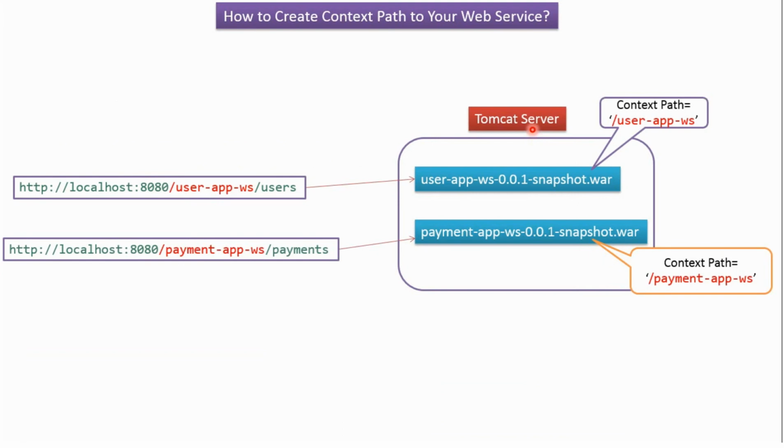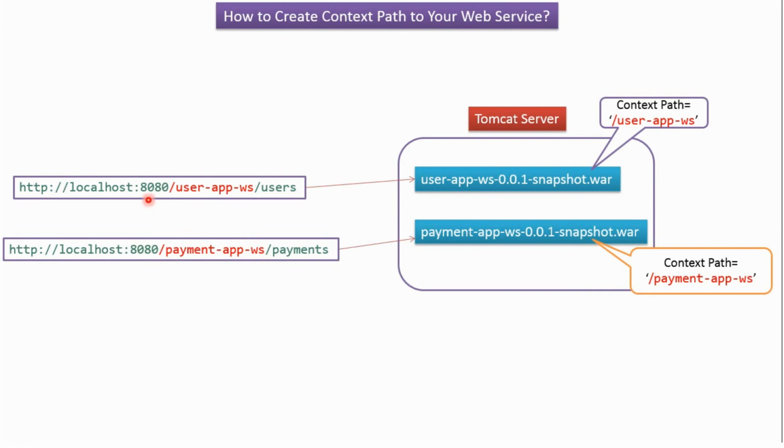To avoid the routing problem which we have discussed, we have to define a context path for this application and this application. The context path for this application is /user-app-ws, and the context path for this application is /payment-app-ws, and in the URL also we have to add the context path like this.